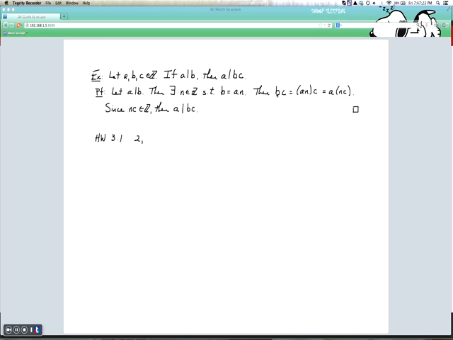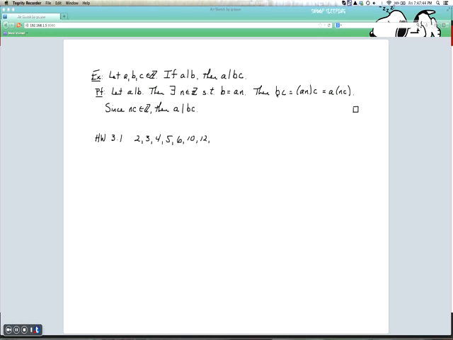In 3.1, do problems 2 through 6, 10, 12.